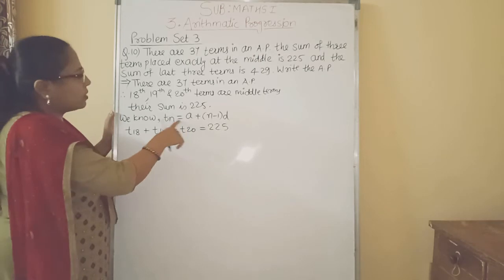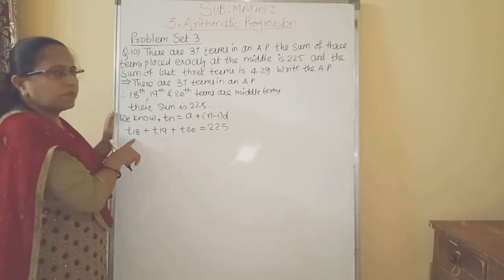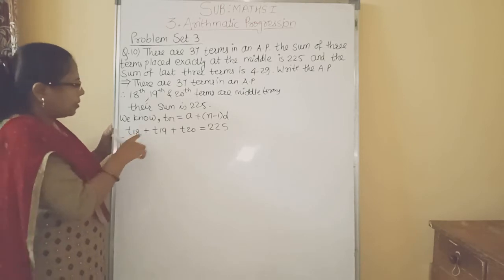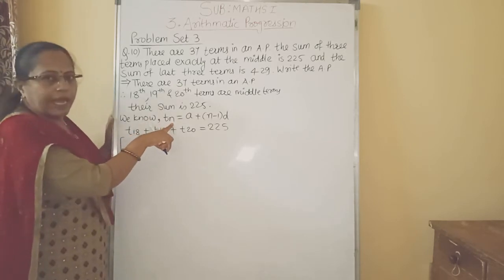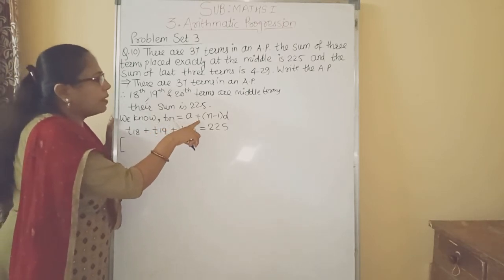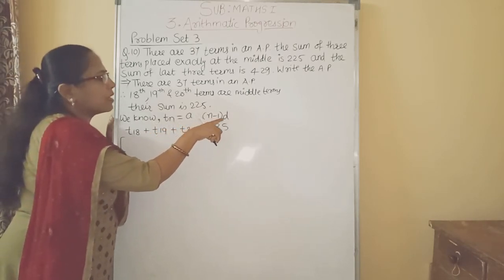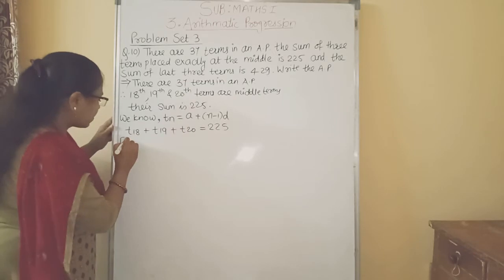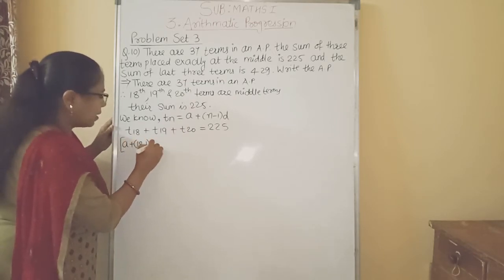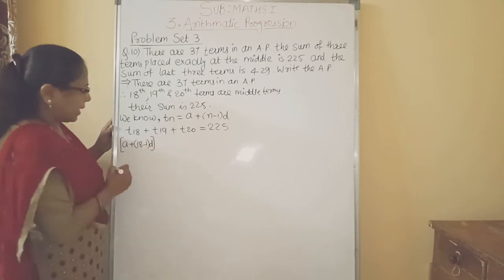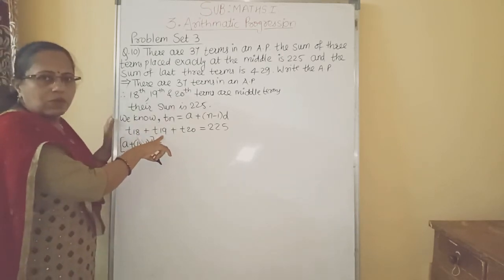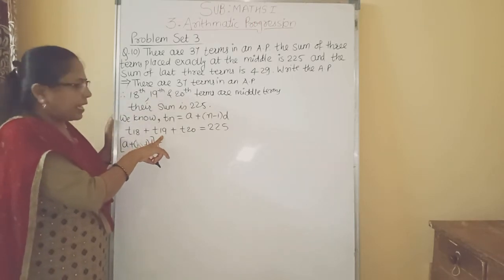Now using this Tn formula, we will first find out 18th term. Square bracket. So T18, now n equal to 18. T18 is equal to A plus (18 minus 1) into D. Close the bracket. Plus T19. So similarly we will find T19.